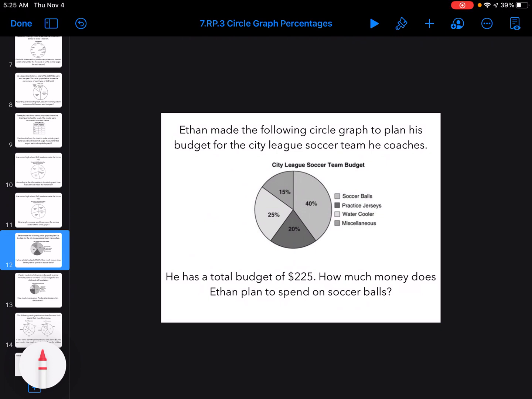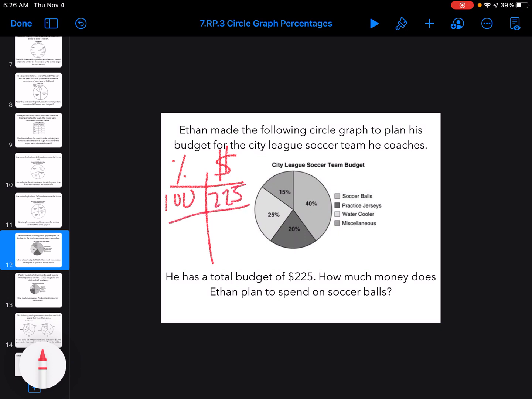All right, Ethan made the following circle graph to plan for his budget for the City League soccer team he coaches. He has a total budget of $225. How much money does Ethan plan to spend on soccer balls? All right, so I know I have my percent and I have my money. I know the total amount is $225.